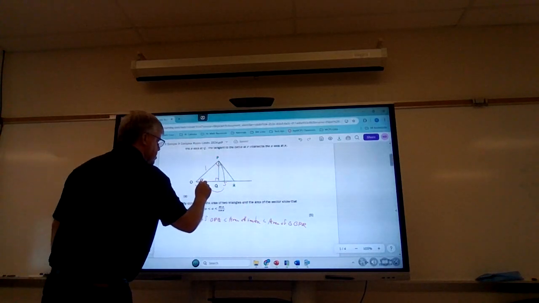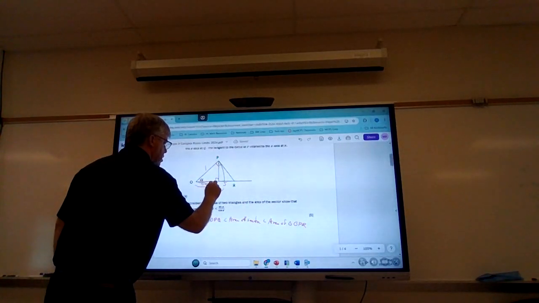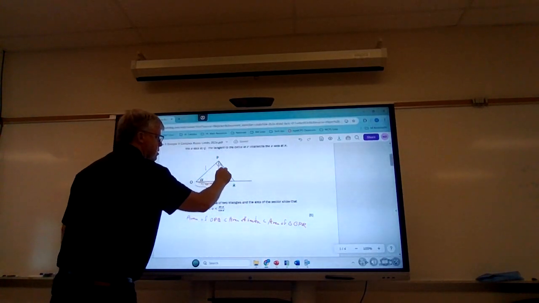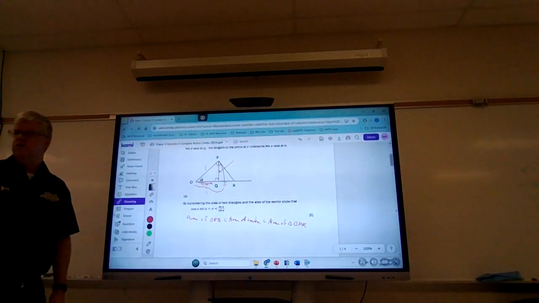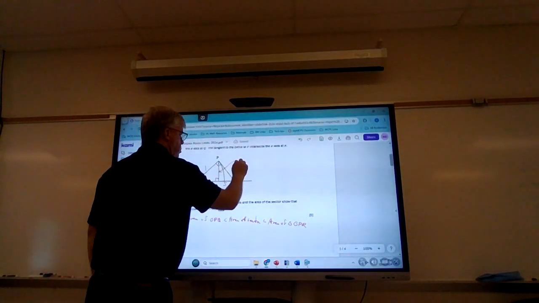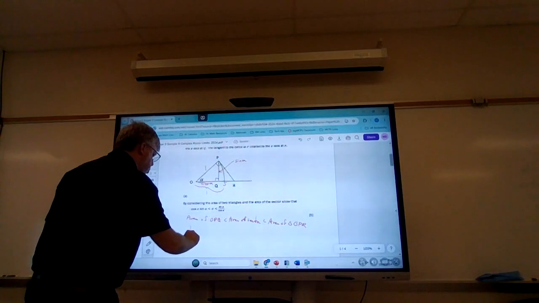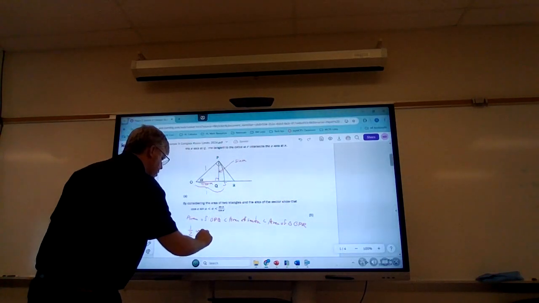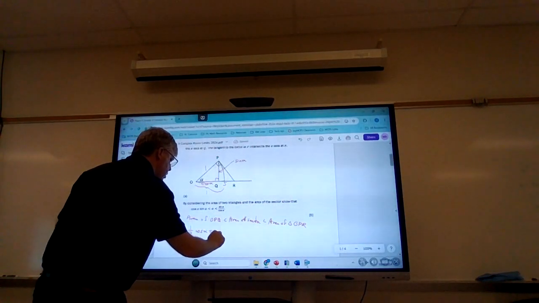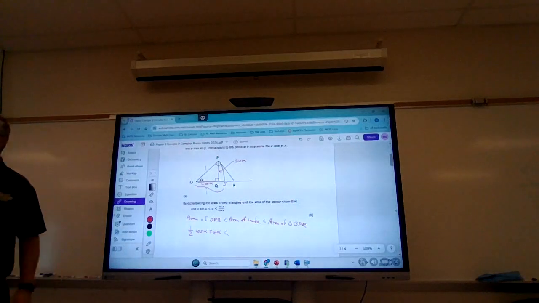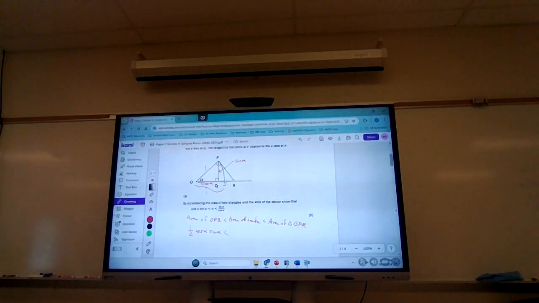So this thing right here is cosine alpha. And what's the vertical piece? Sine alpha. So the area of that triangle is just 1/2 cosine alpha sine alpha. Does that make sense?